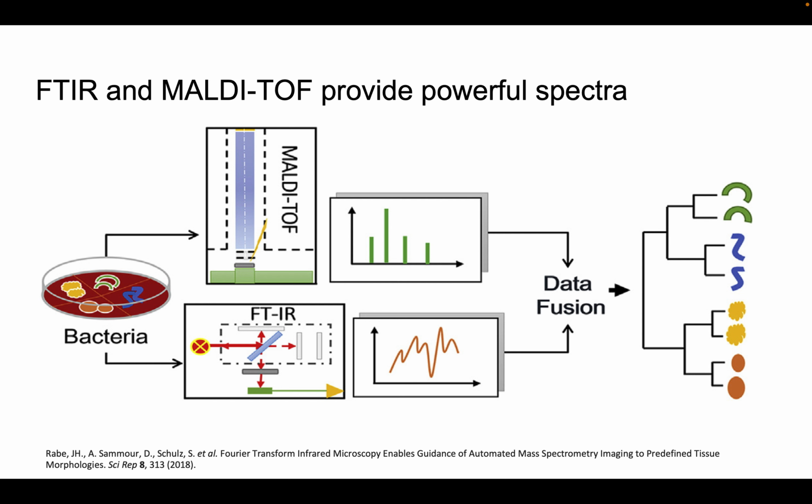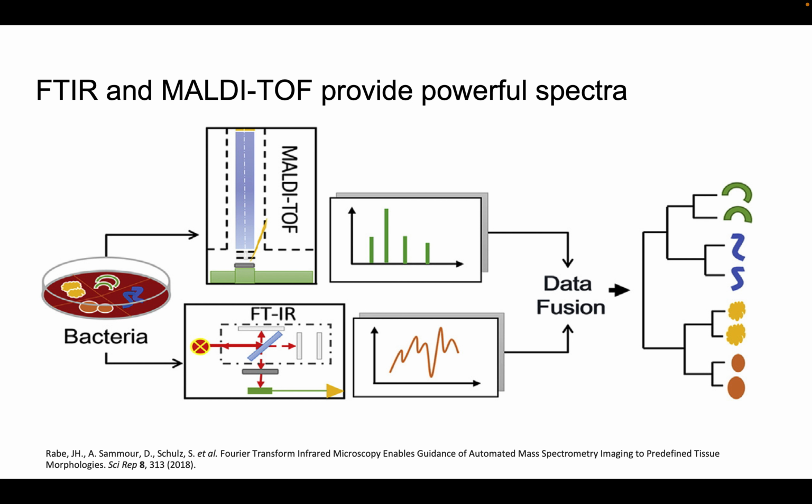It measures the absorption of infrared radiation by the sample material, which can be used to identify functional groups and also a bunch of different molecular bonds present in the sample. When used in combination with MALDI, it can provide complementary information about the chemical composition of the structure of the sample.